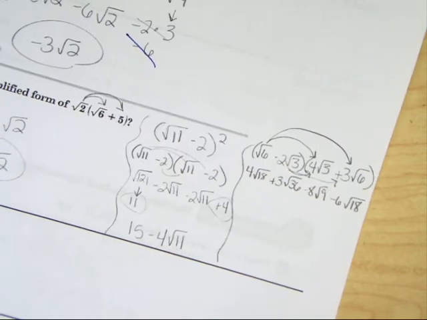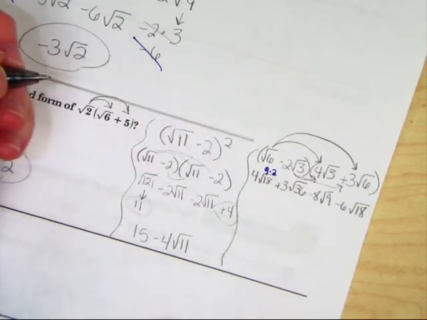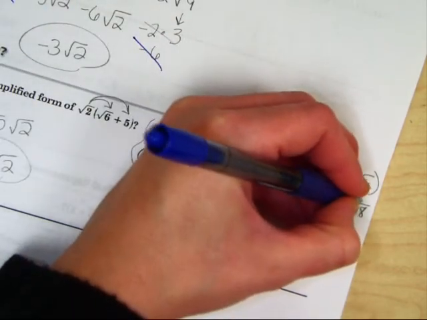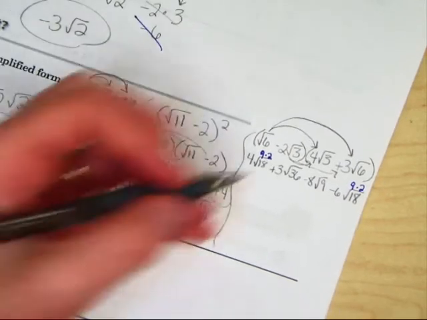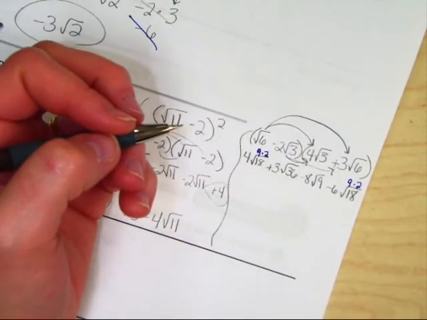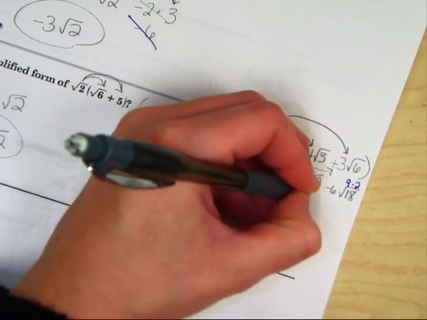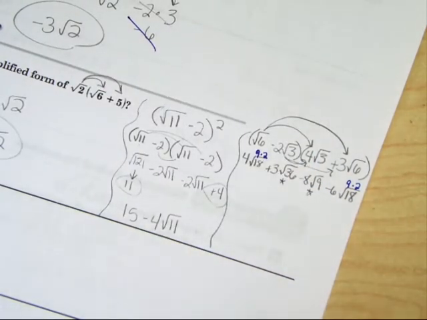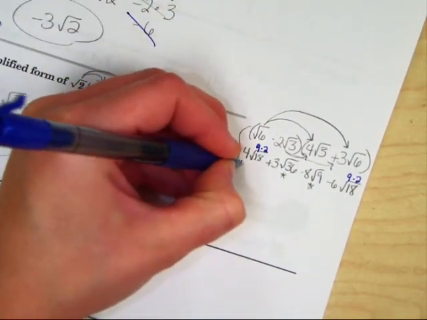I'm going to simplify. 18 is made of 9 and 2. 18 on the back here is made up of 9 and 2. Now remember that the square root of 36 is 6. So let's rewrite this. I'm going to put a star by these because we know the square root of 36 and we know the square root of 9. 9 comes out and it becomes 4 times 3 here.